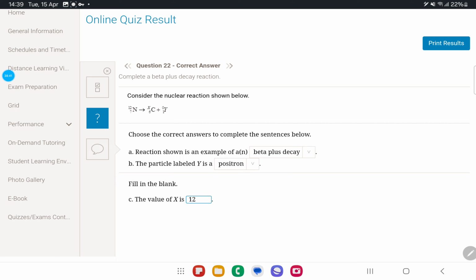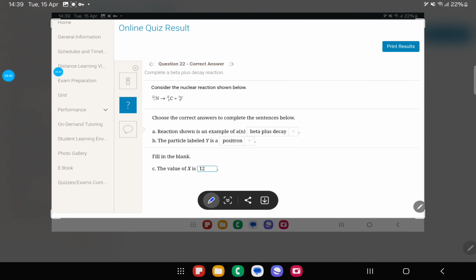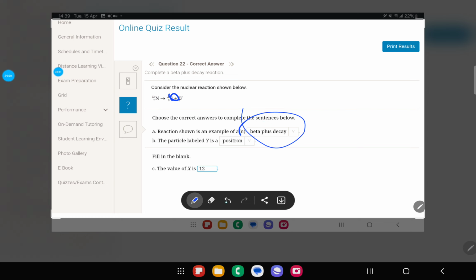Now here is beta plus decay. Alright. So over here we saw the 0 and 1, right? So we know that this is the beta, okay? But we need to see the sign. It's positive here, so it's plus decay. So beta plus decay. Okay, and over here they're asking for the y. What is y? It is a positron. What's a positron?